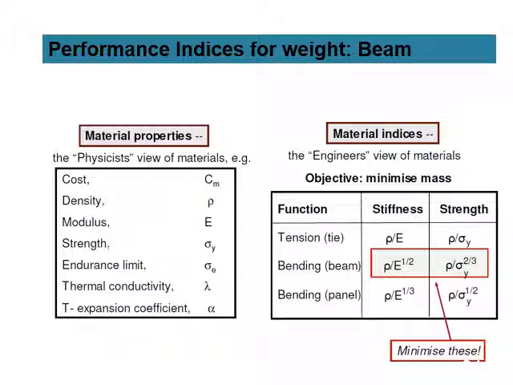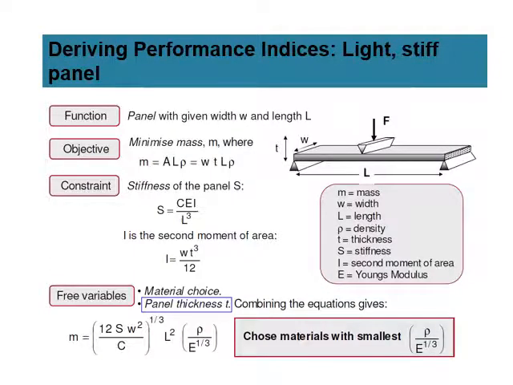So here are the performance indices for weight in the case of a beam. And then also in the case of a stiff panel, the method is the same. You just need to replace this equation, originally I, which is equivalent to 1/12 of B H to the power of 3, where B is the width and H to the power of 3 is the height.